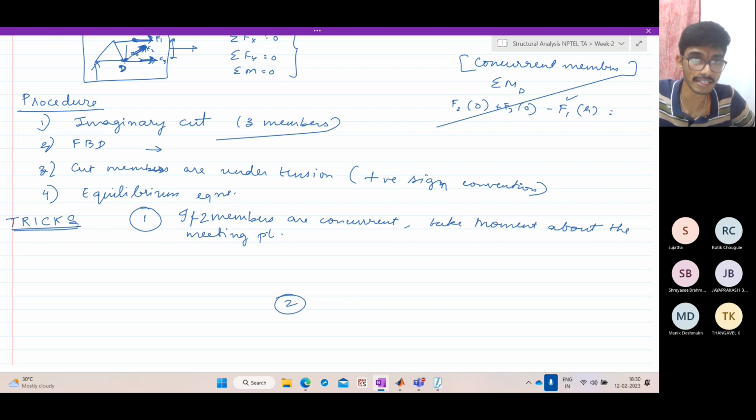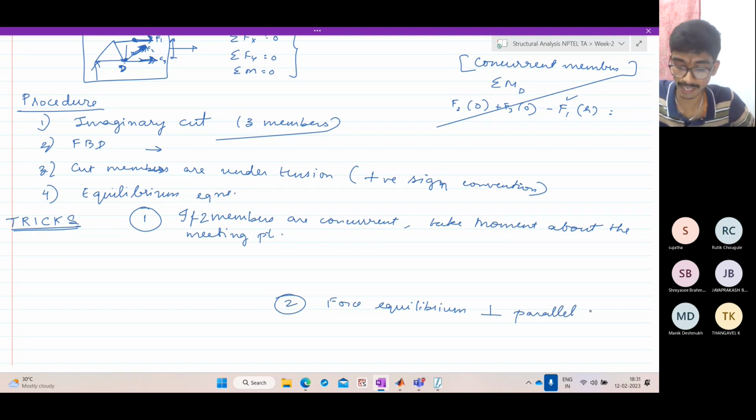In that case, if you want to determine the force in this inclined member, take force equilibrium perpendicular to the parallel members. When I solve the problems, you will get it clearly, because these two members don't have a horizontal component. So the vertical component of this can be determined in one step. You don't have to solve simultaneous equations.